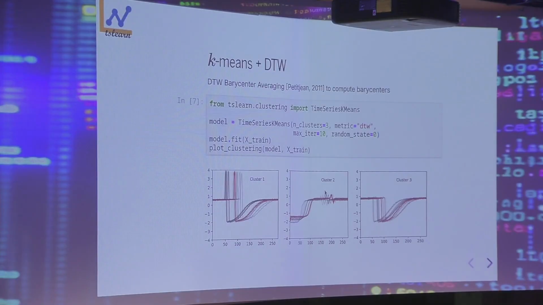The first cluster groups all the peaky time series, and the shapes of the barycenters feel better. And also the flat ones in cluster 3 are now grouped together and they pop. So that's great. That's an example of why to use dedicated tools for time series.